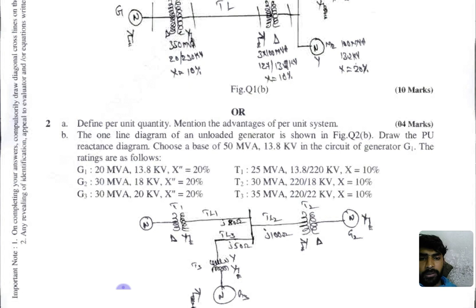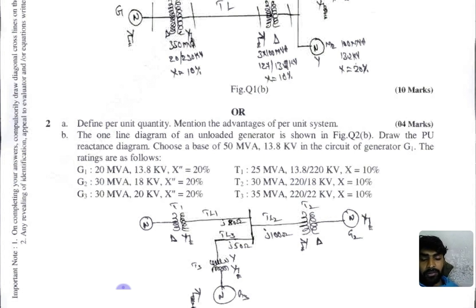Define per unit quantity. I mentioned the advantage of the per unit quantity system. So per unit quantity is actual value by base value. Mention the advantage: in the sense manufacture is easy and calculation becomes easy, and both the primary and secondary of a transformer will get the same per unit value, and the difference is in a narrow range, right?